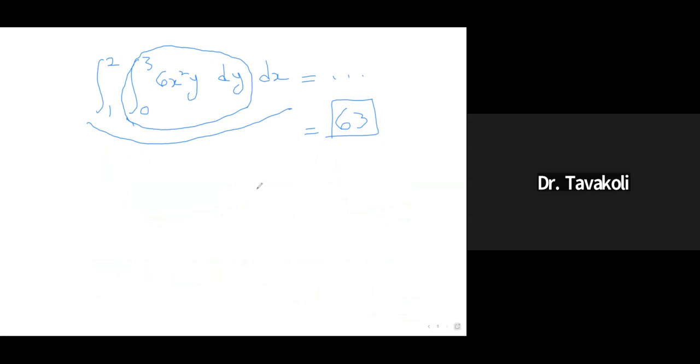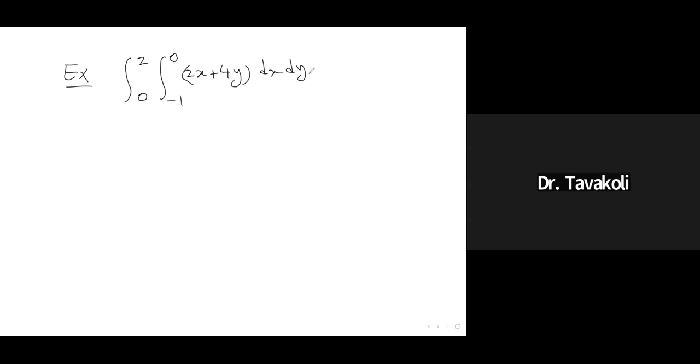Let me do another example. As usual, before watching my solution, try to do the example on your own. The integral from 0 to 2 and the integral from -1 to 0 of 2x plus 4y dx dy.